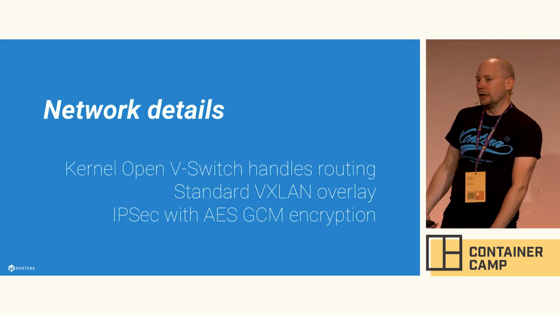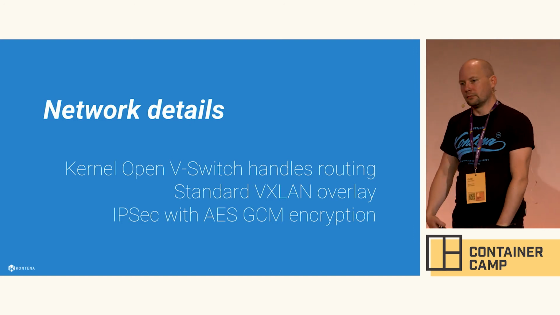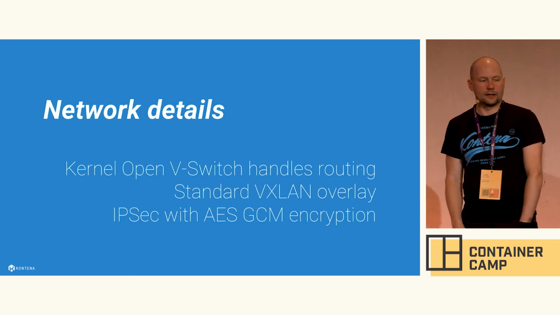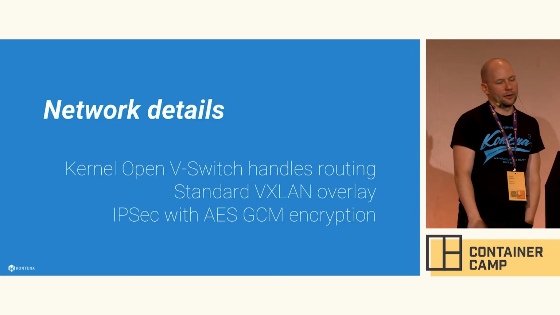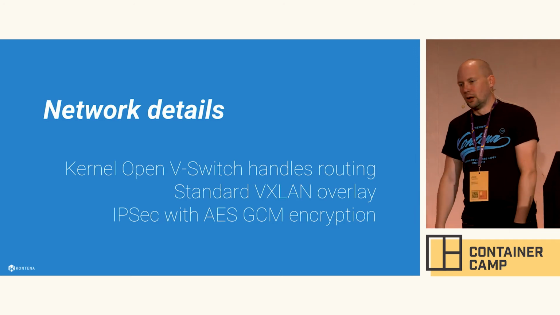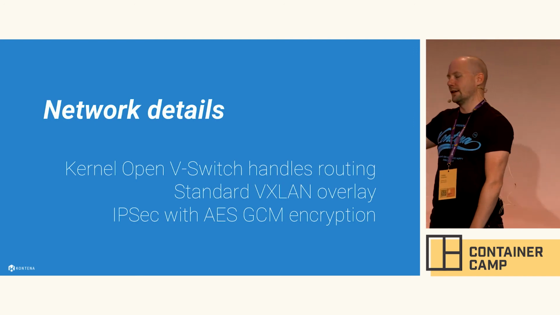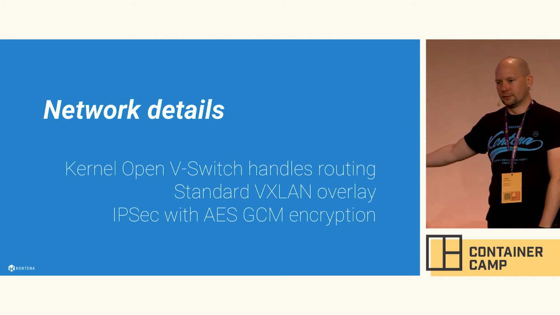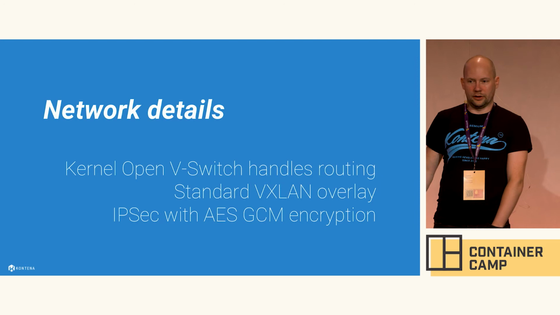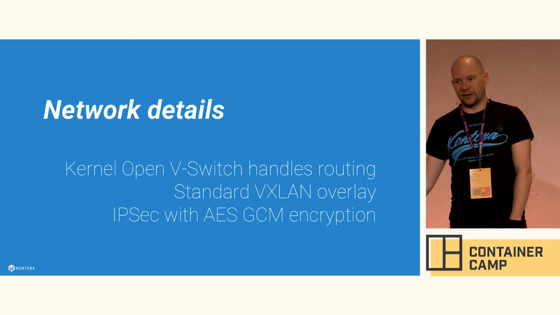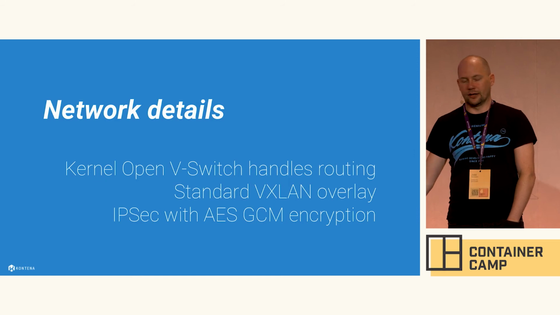And if and when you need encryption between data centers, it does standard IPsec with AES GCM encryption. Which means that when my WordPress connects to MySQL in another data center, the connection is encrypted with AES GCM without WordPress having to understand it.